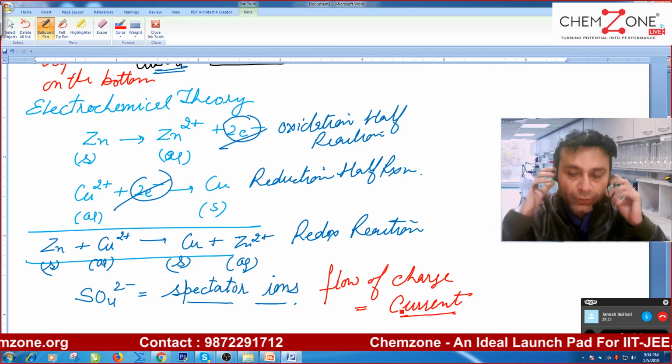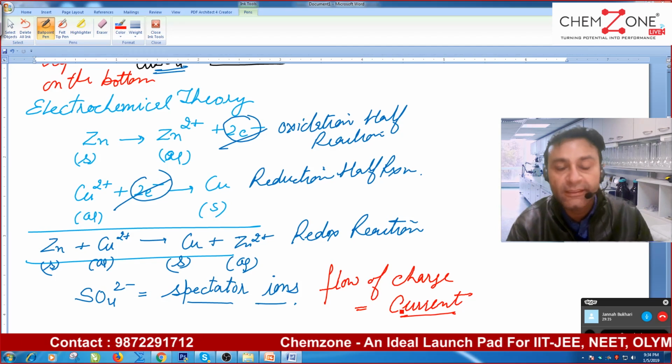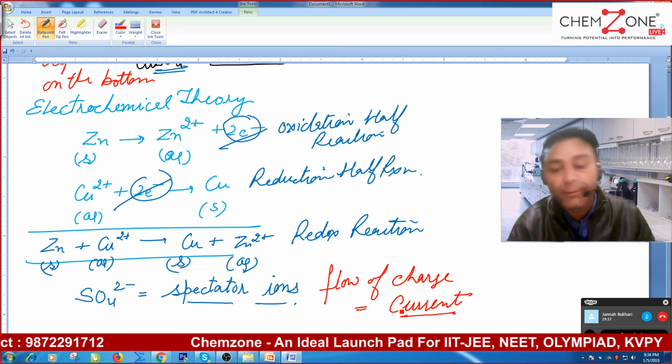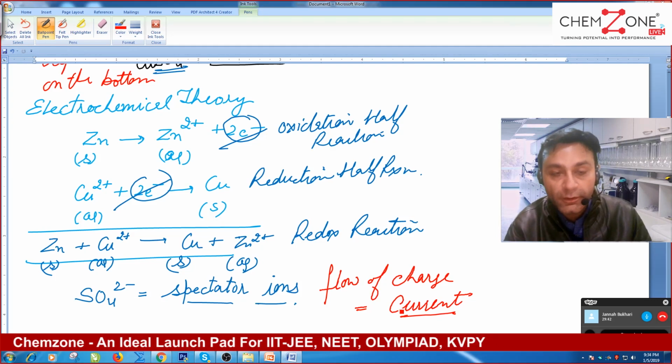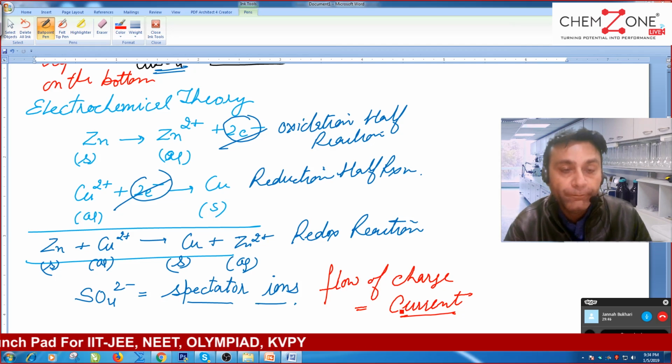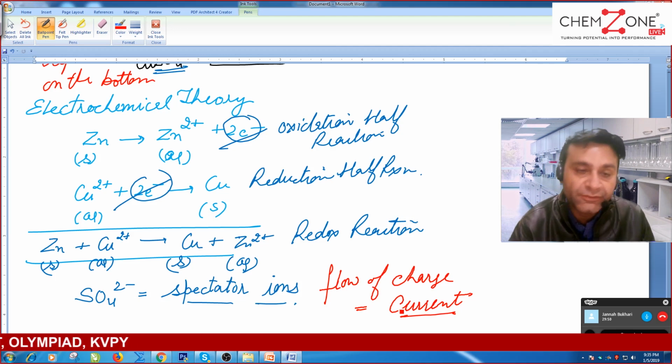When the reaction is going on, the electrons are lost by the zinc and gained by the copper ions. It means there is a flow of charge from zinc to copper, and such a thing is called a current. It means the device we have generated now is called an electrochemical cell, which converts chemical energy into electrical energy.